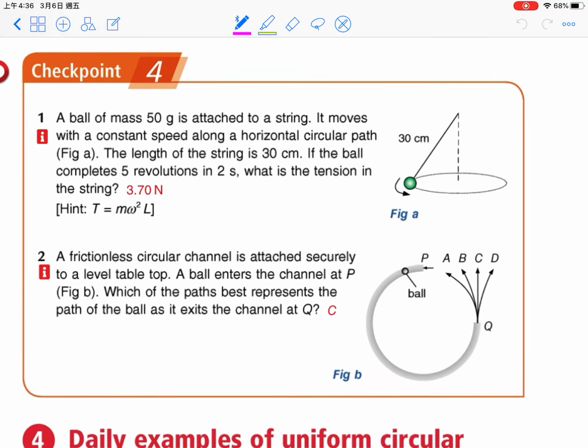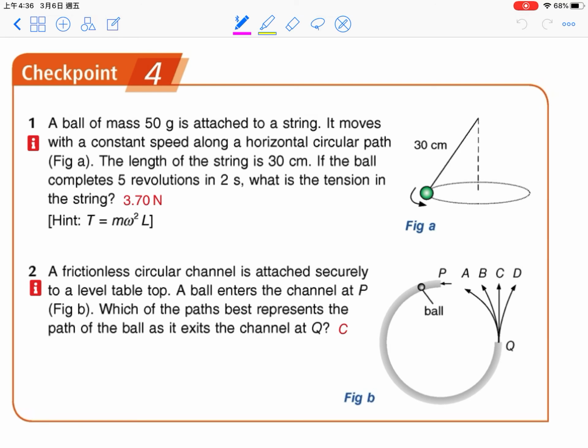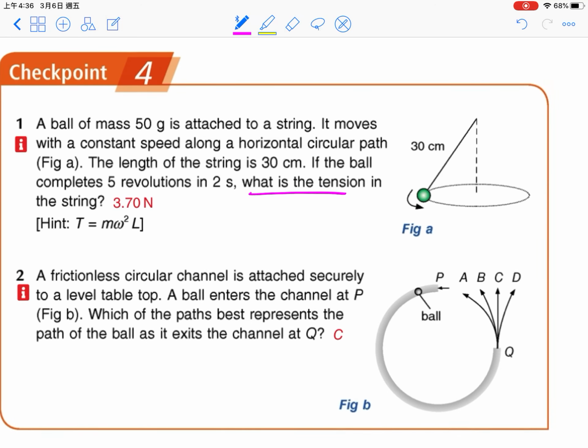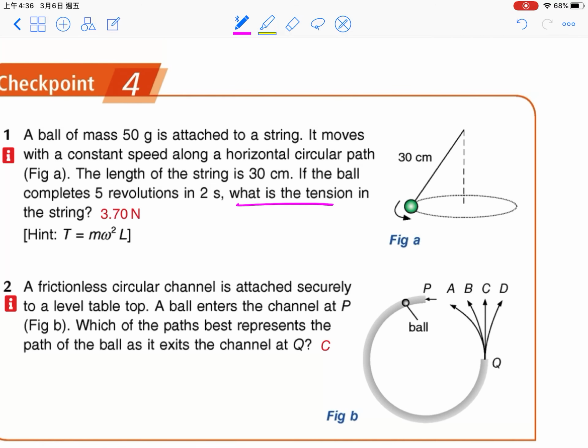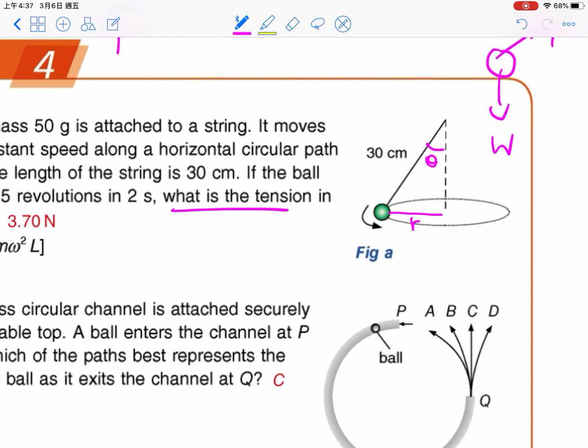Okay, now let's check the answers. In this case, figure A, what is the tension in the string? Maybe you can let the angle be theta, and this is R. So you can have two equations. We have to draw the free-body diagram with tension and weight for the object.